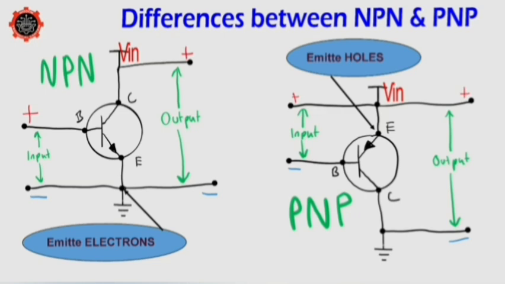And the direction of electron flow is also going to be reversed in a PNP as compared to an NPN transistor. For the NPN transistors, electrons are being emitted from the emitter, while for the PNP, the emitter emits holes, and those holes are collected by the collector.